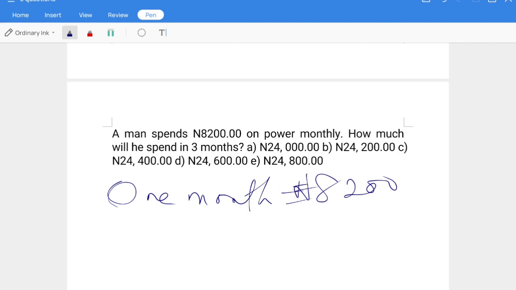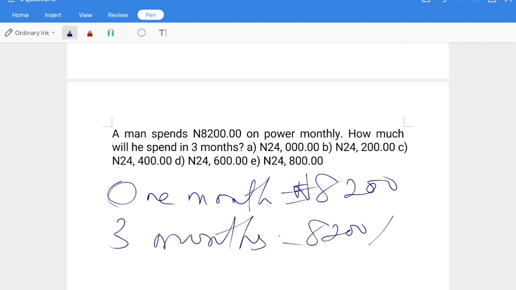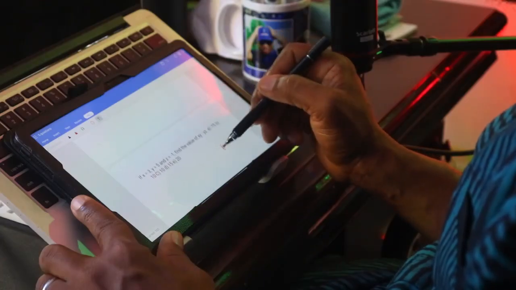So for 3 months, it will be 8,200 times 3. So 3 times 0, 0, 3 times 0, 0, 3 times 2, 6, and 3 times 8, that will be 24. So you will spend 24,600 naira for 3 months. So D is the answer.